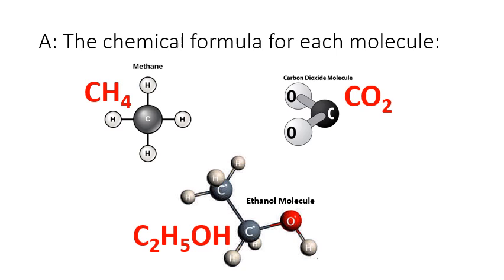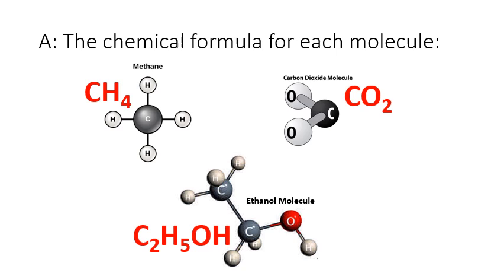Notice I don't include 1 for the carbon, but I have to include the 4 for the hydrogen. Carbon dioxide, similar. There's only 1 carbon, that is 2 oxygen, so CO2. Ethanol, we have 3 different elements there. C2H5OH is one way to write it.